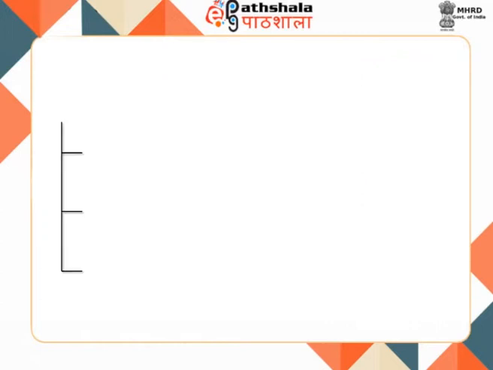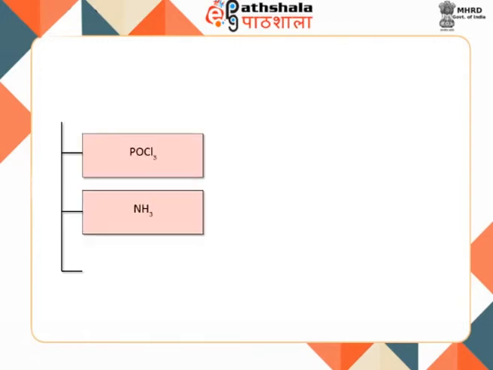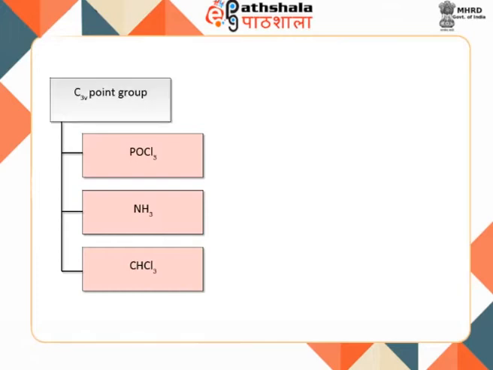Now, going to another example, let us take molecules POCl3, NH3, CHCl3, which belong to the C3v point group. Let us take the POCl3 molecule. Some of the symmetry elements and 3n vectors are as shown in the figure.